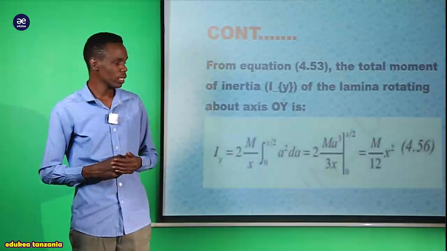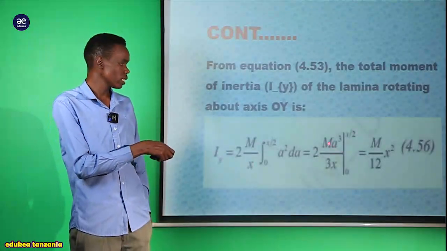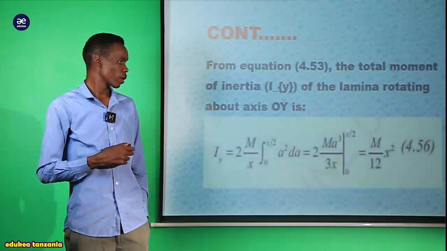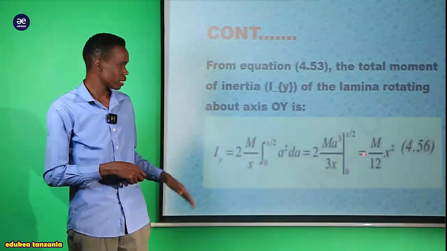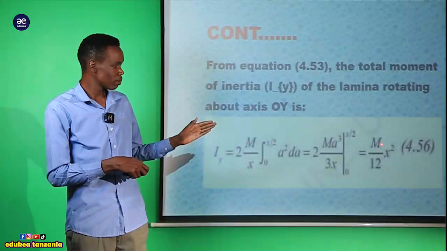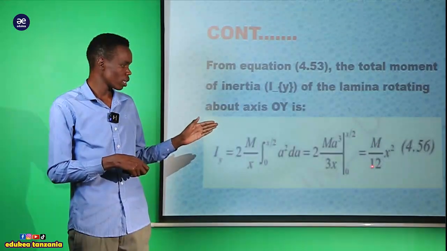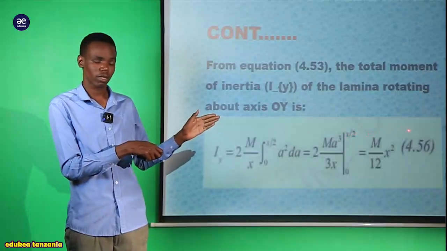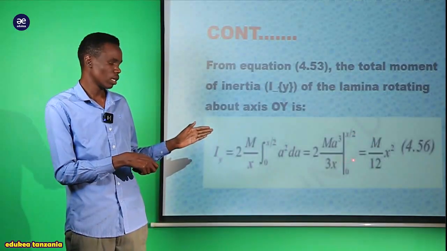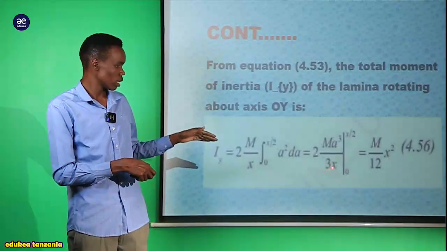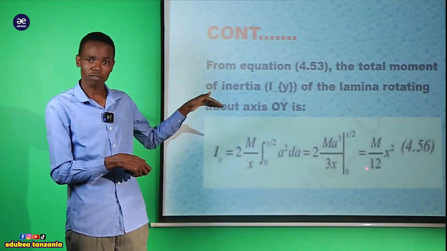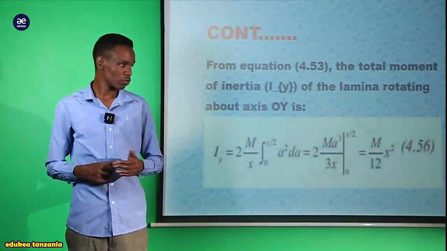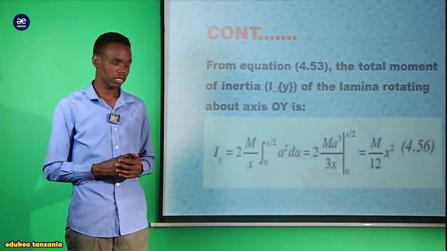Since a changes, the remaining one must be equal to m over 12, because if we substitute, a cube over 3 becomes x power 3 divided by 8, which means divided by 8 times 3, and at the top we have the 2. If we simplify, we get m over 12 times x square.